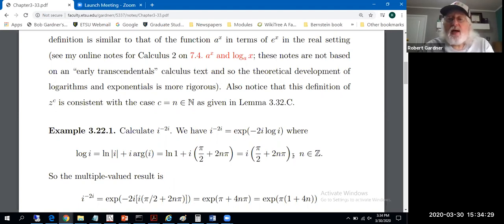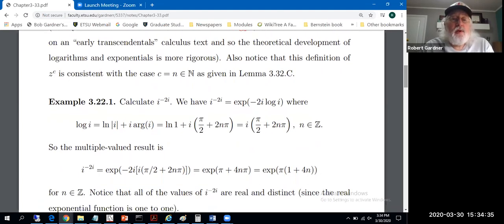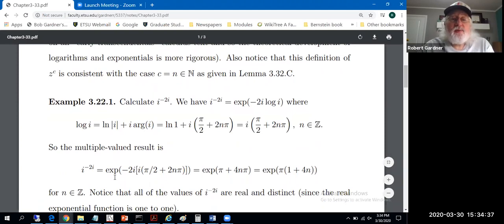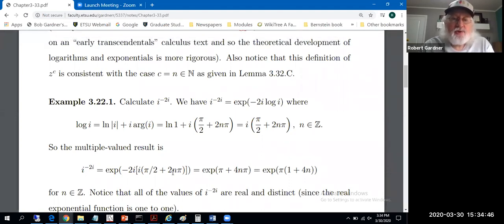Okay, so here's the log part that we get. So we'll substitute that in the exponential function. And we'll have the exponential function, -2i, replace the log stuff with this stuff, n's an integer, so we're getting lots of things out potentially.